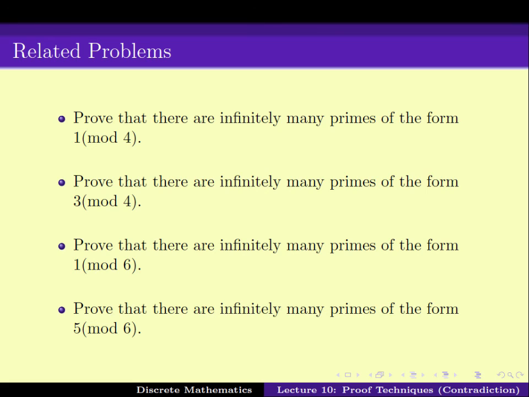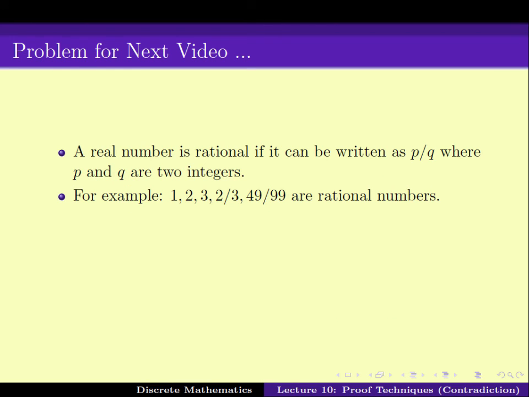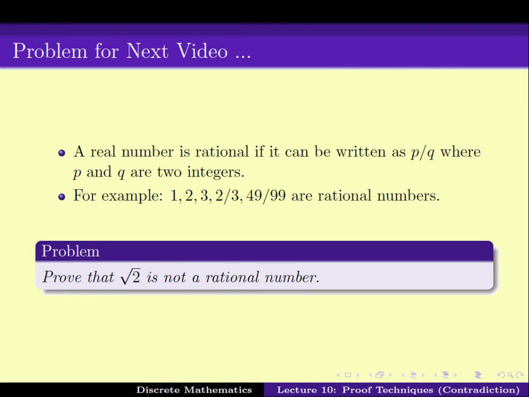So we will be doing some more problems using contradiction in the next video. So in the next video, we will be proving some statement like that square root 2 is not a rational number. Now, what is a rational number?